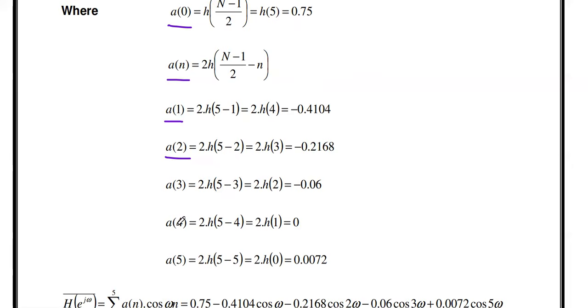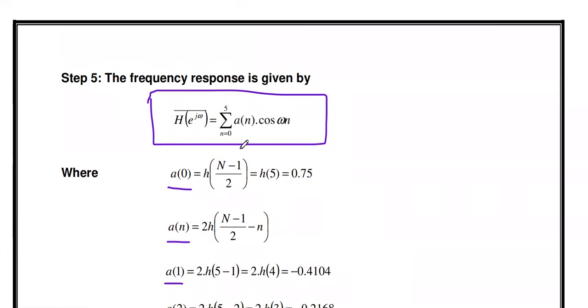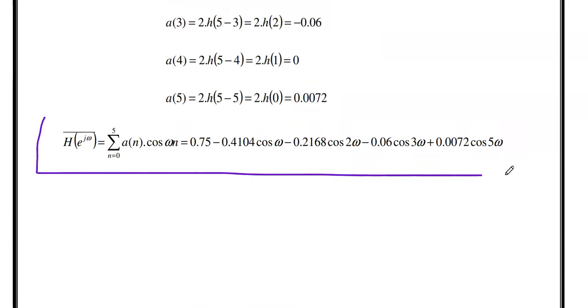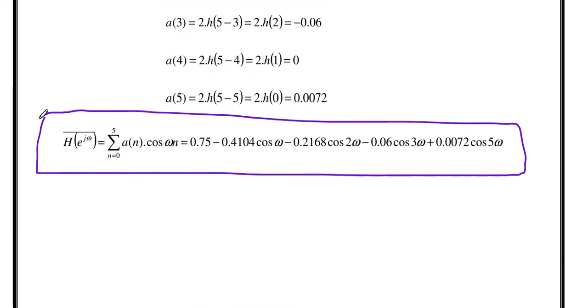After calculating these coefficients, you just expand the summation and substitute. Therefore, the frequency response H of e power j omega equals first a of 0, 0.75, then a of 1, which is minus 0.4104 cos omega, then a of 2, minus 0.2168 cos 2 omega, then a of 3, 0.06 cos 3 omega, then a of 4, 0, then a of 5, 0.0072 cos 5 omega.